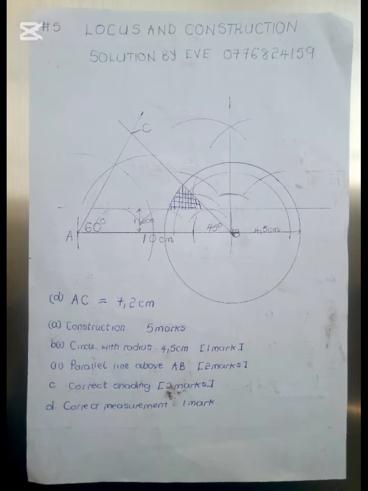After drawing the arcs, we draw a tangent to the arcs. By doing that, we have constructed a parallel line that is above AB and also 1.5 centimeters away. So make sure that you label that from AB to that parallel line, we are having 1.5 centimeters.